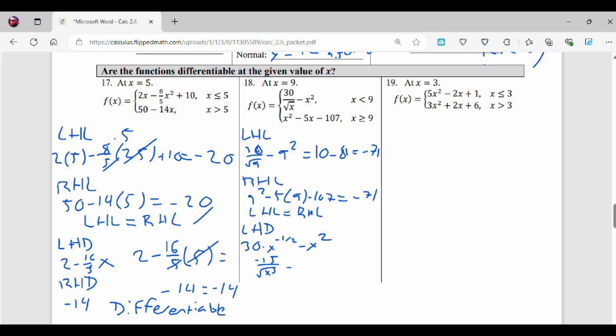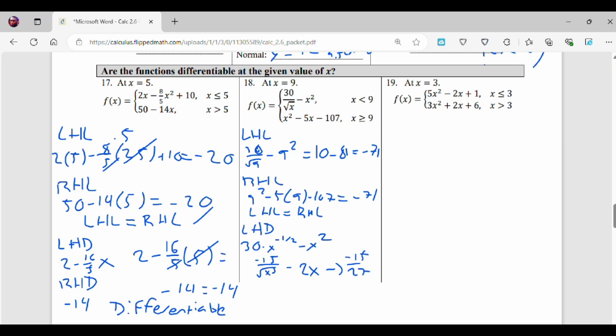Minus, by the power rule, 2x. So we get negative 15 over square root of 9 cubed. Square root of 9 is 3. 3 cubed is 27. So we get negative 15 over 27.